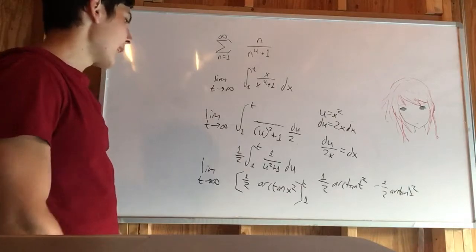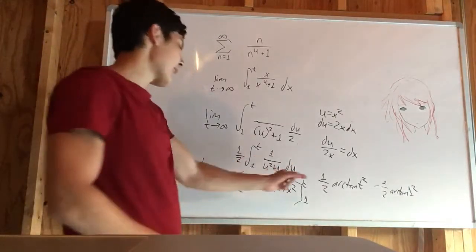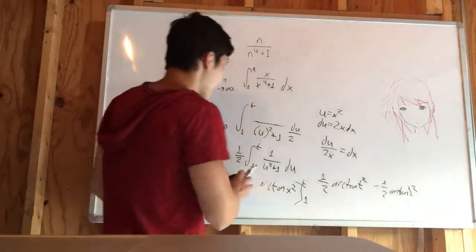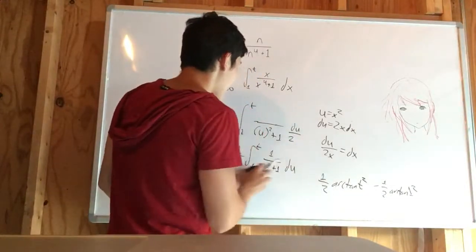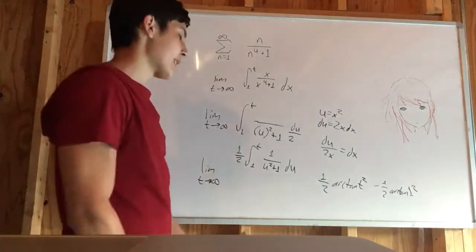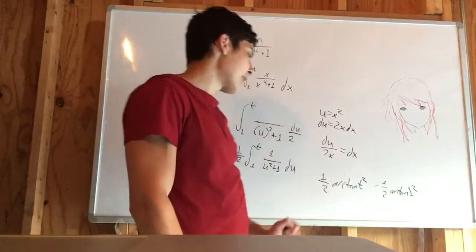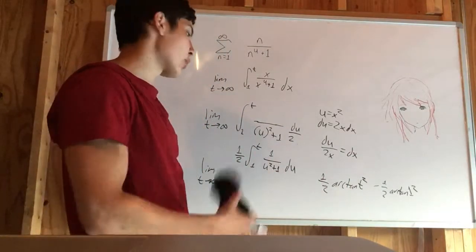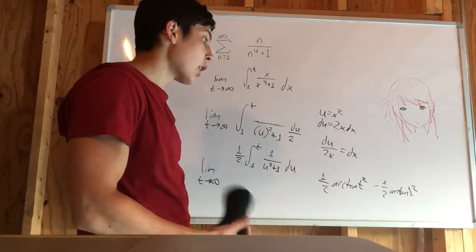We plug in infinity because we're taking the limit as t approaches infinity of that. We plug infinity into there, that's infinity squared, which is just infinity.